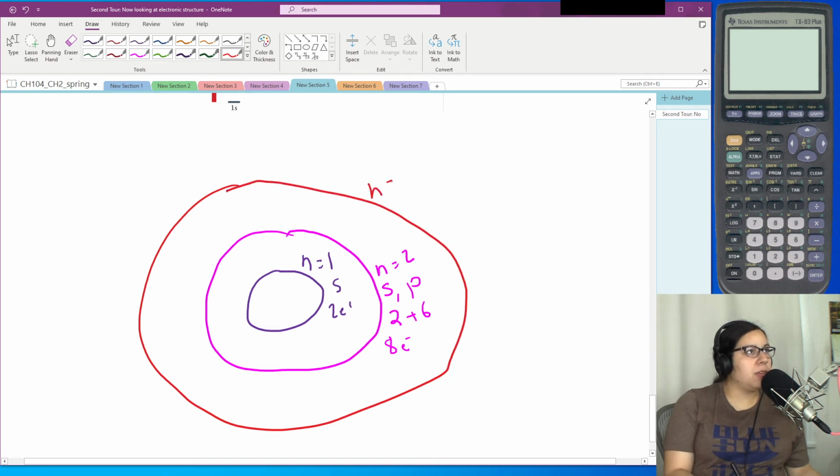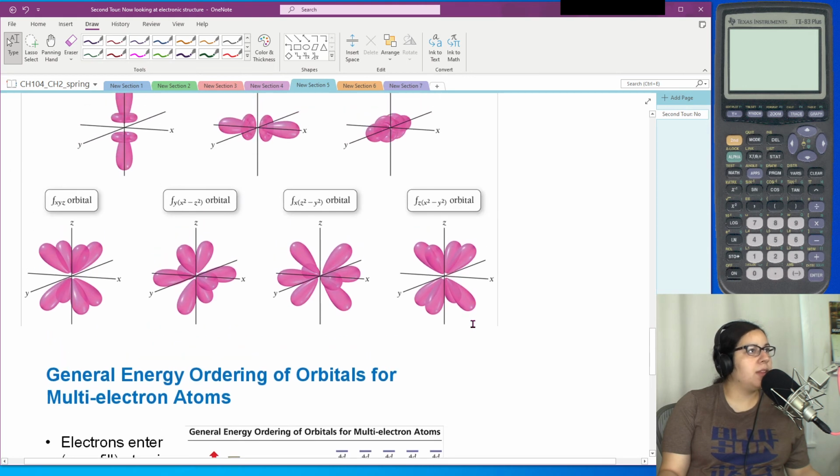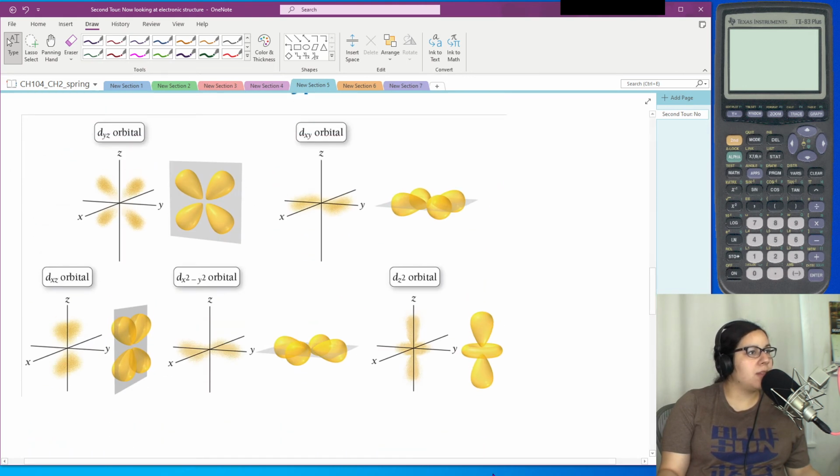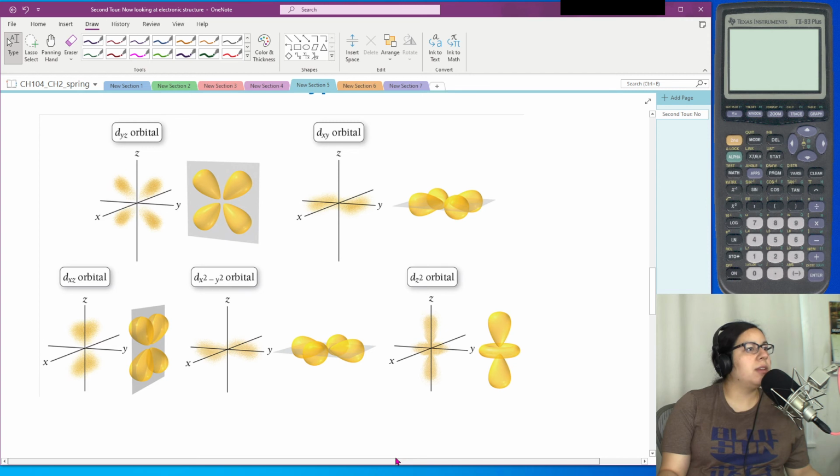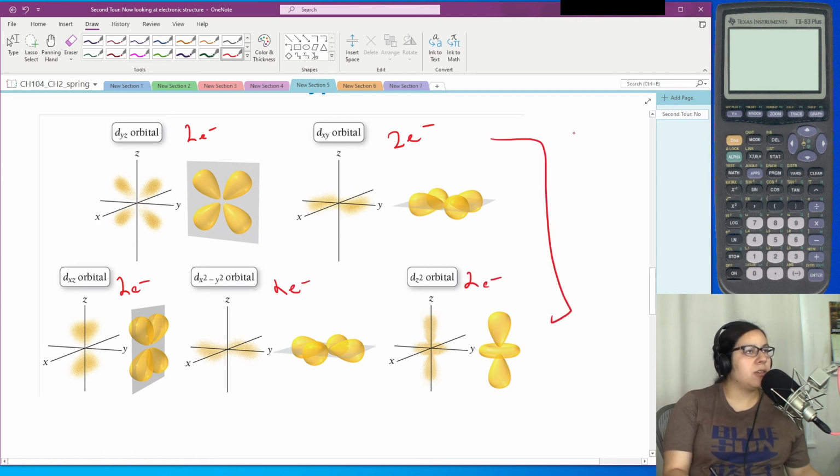Now as we go to the n equals 3 shell, we can have s orbitals and p orbitals, but now we're introducing our first d orbital. Let's look at these d orbitals. There are 5 d orbitals, and each d orbital holds 2 electrons, so there are 10 d electrons total.